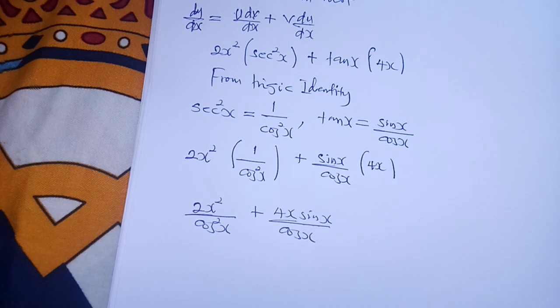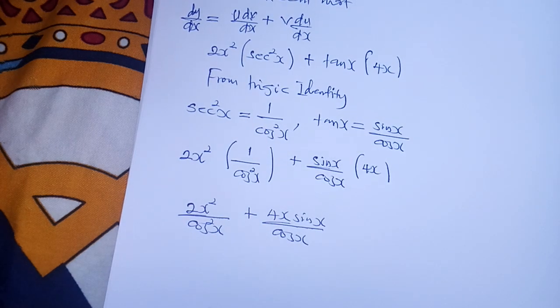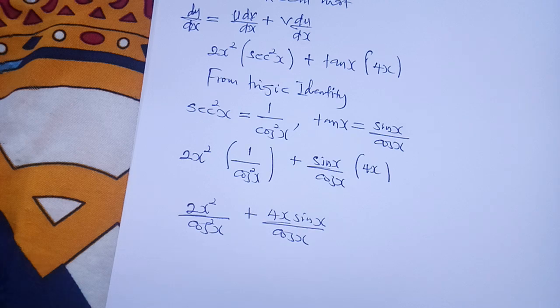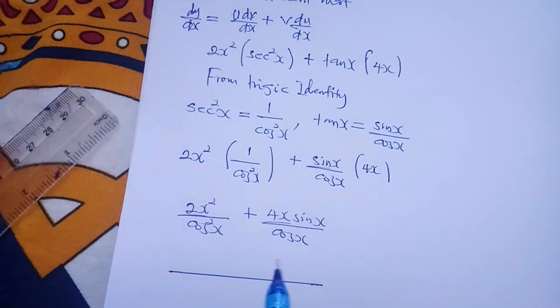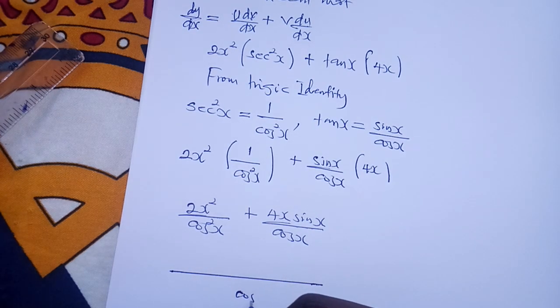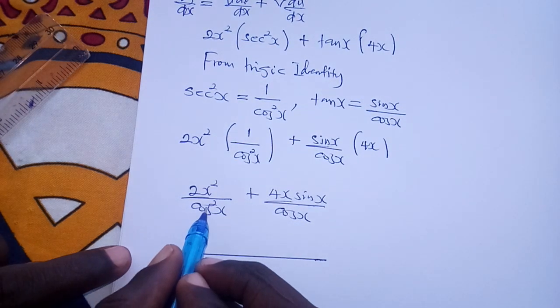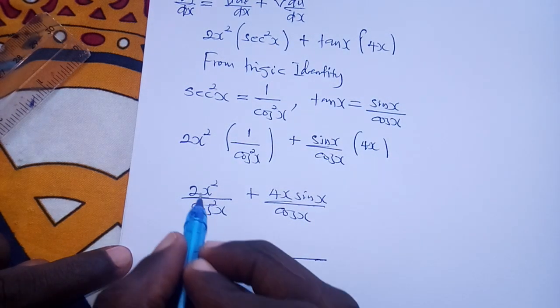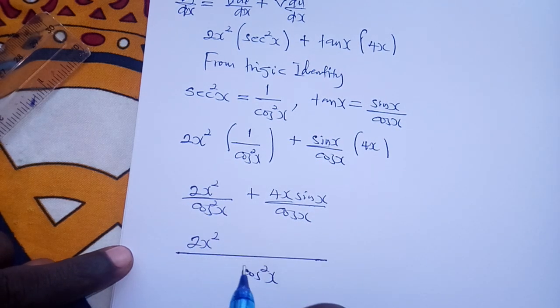Then the next thing that we have to do here, let's try to find our LCM. Automatically our LCM here becomes cos square x. If cos square x cancels cos square x, what will remain? We say 1 times 2x square gives you 2x square.